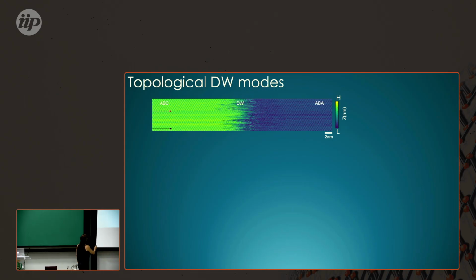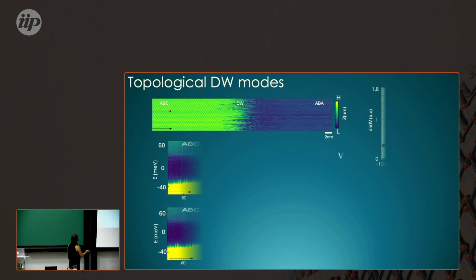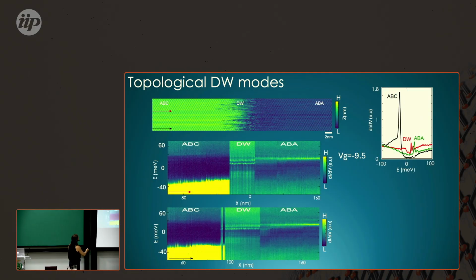So let's start with the simple boundary. Here we have the ABC, the domain wall, and the ABA. Let's take some spectroscopy. This is the dI/dV as a function of location across this domain wall. We did it here in two locations.